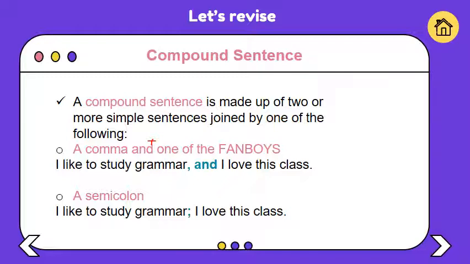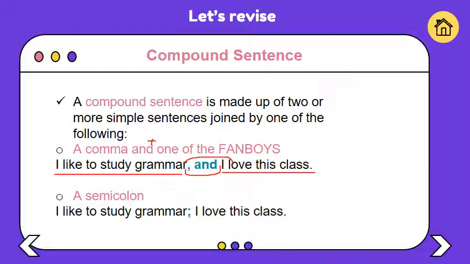You see, the first way we joined both independent clauses with a comma and "and." The first independent clause, I like to study grammar, is the first simple sentence. And the second independent clause, I love this class. So we joined both sentences together with a comma and the fanboy "and."